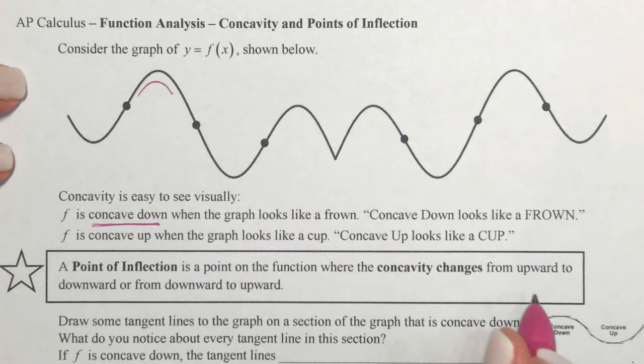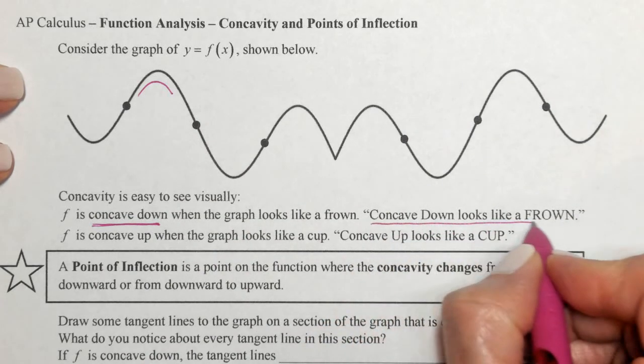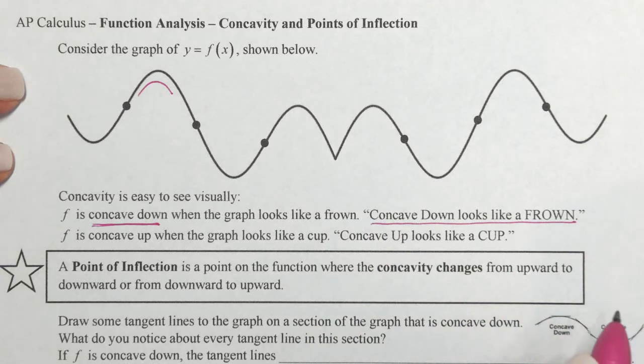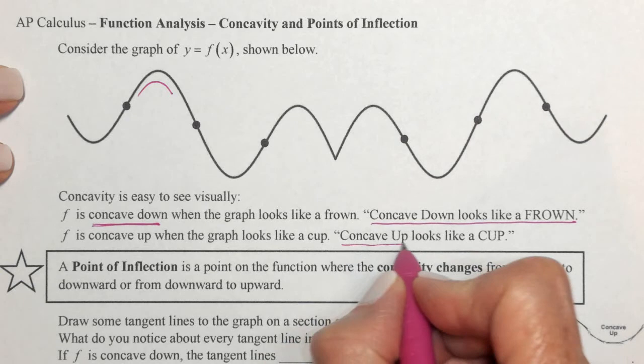All right? Now, I have a little rhyme here. Concave down looks like a frown. So where is it concave up? Well, the curve is concave up when the curve looks like the opposite of a frown, which you might say is a smile, which I like, but it doesn't rhyme. So I say concave up looks like a cup.